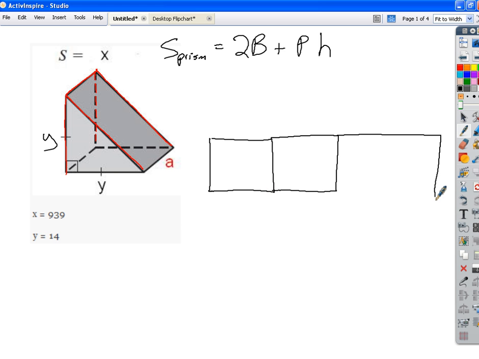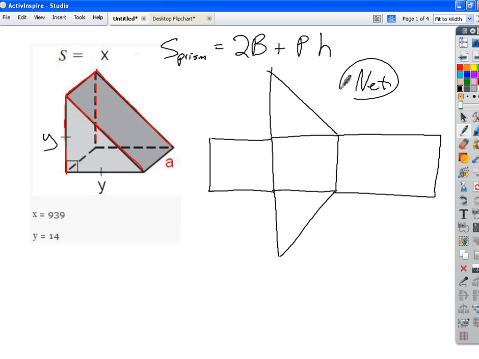And then have the right triangles on the outsides of the middle. Those are going to fold down like this. So there's the net of that shape if we unfold it.